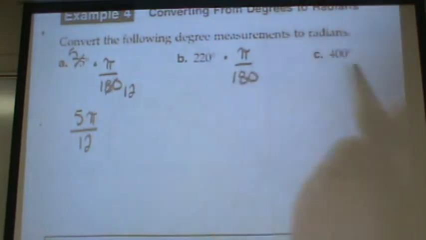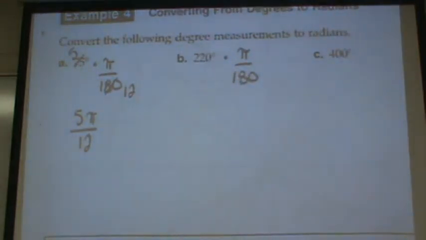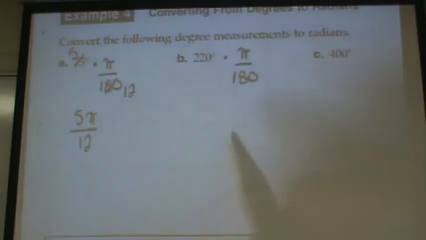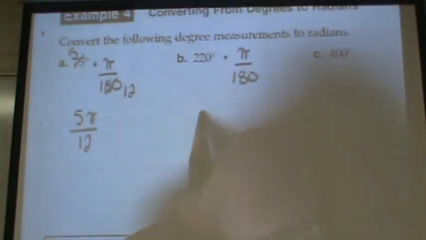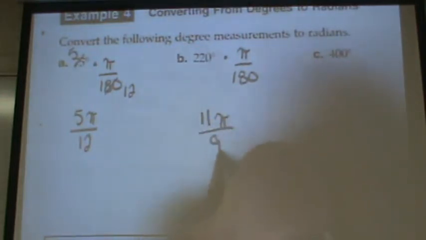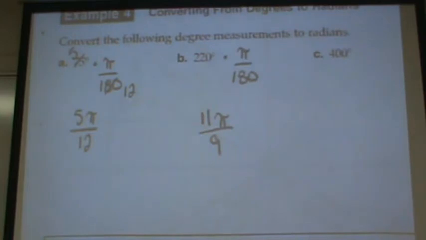So 220, again, we're multiplying by pi over 180. And when you reduce it, you should get 11 pi over 9.